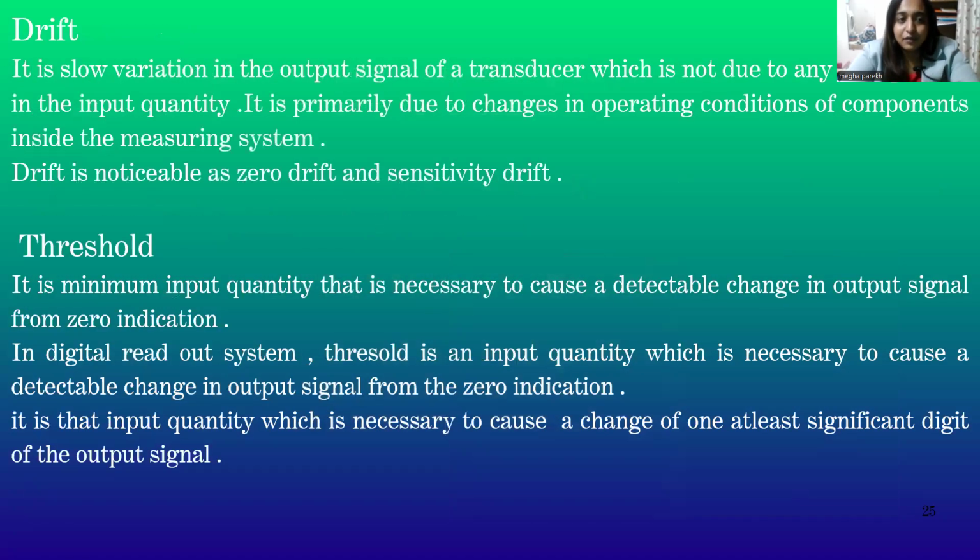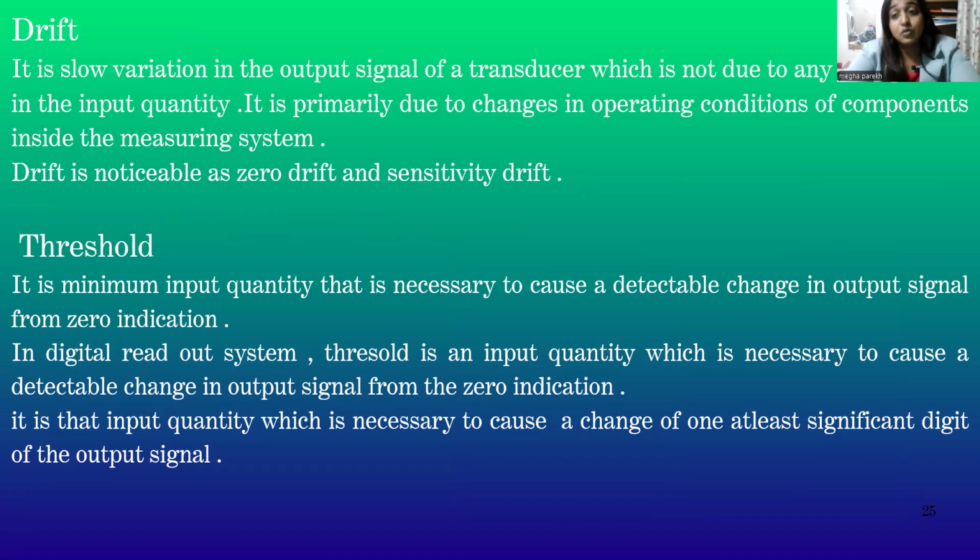Now, what is drift? I would like to explain it with a simple example of a fuel tank. When your fuel tank is half filled, it shows 50% in the display. But after 1 year, it starts showing 40% for the same half-filled tank.